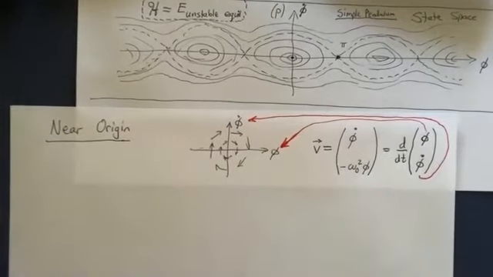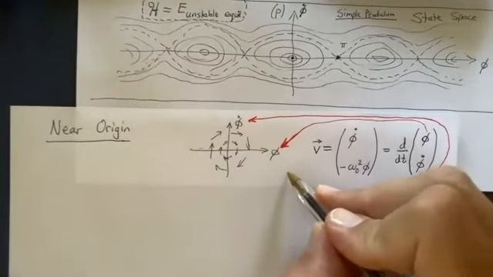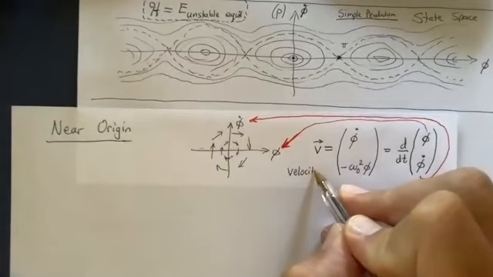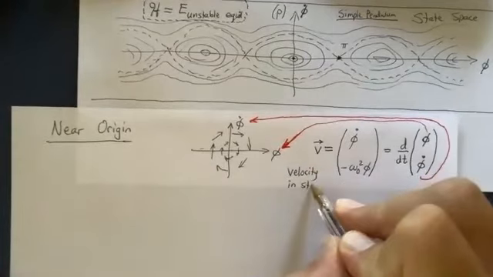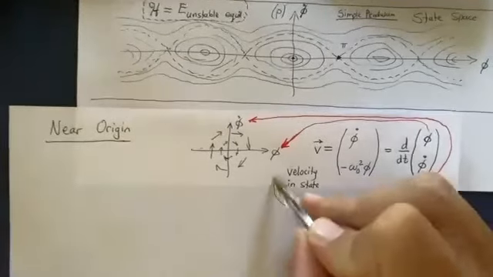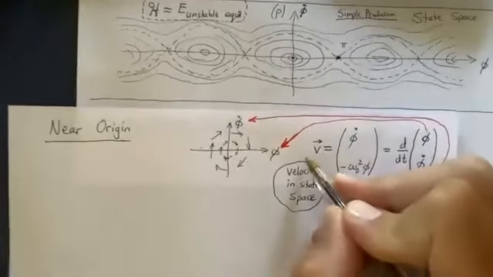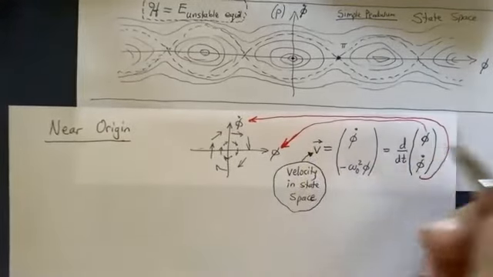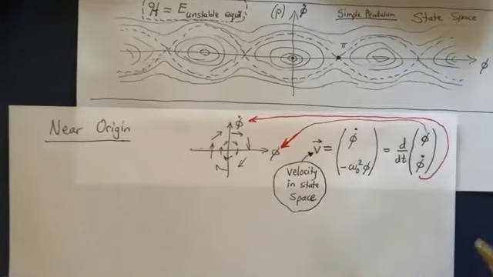So this is our velocity in state space. Okay, that's our velocity in state space.